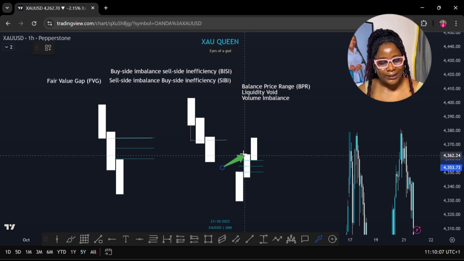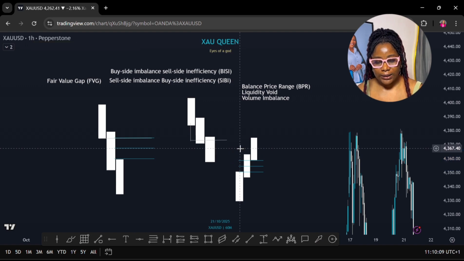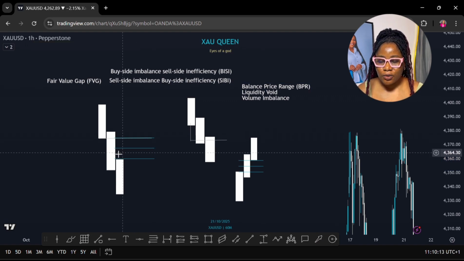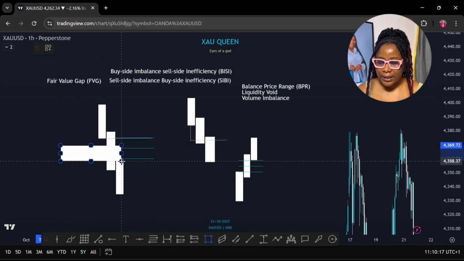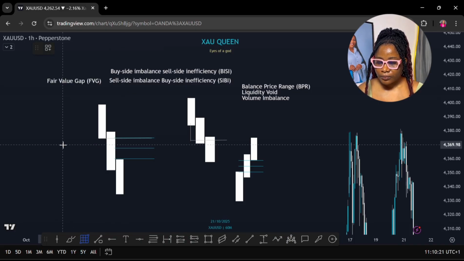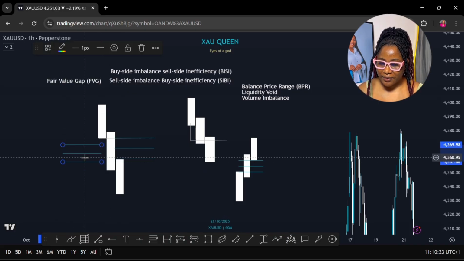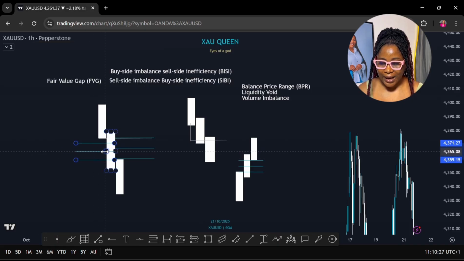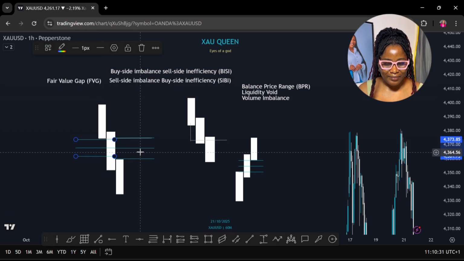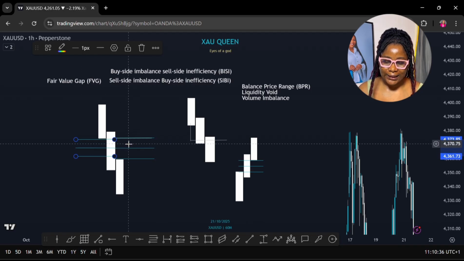We will check all that out on the chart. Then balanced price range is when, let's say, there was a fair value gap in this area, that price broke through it, and then it created another imbalance just right beside it.